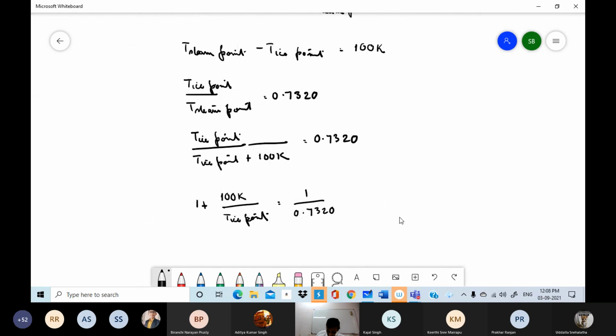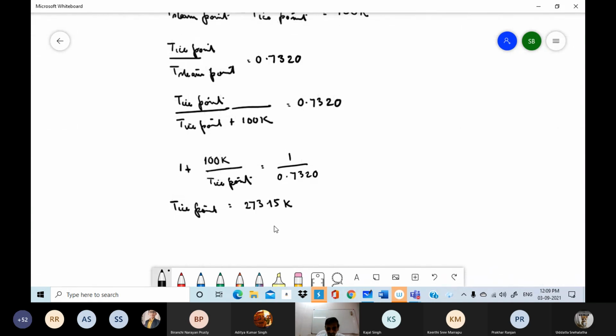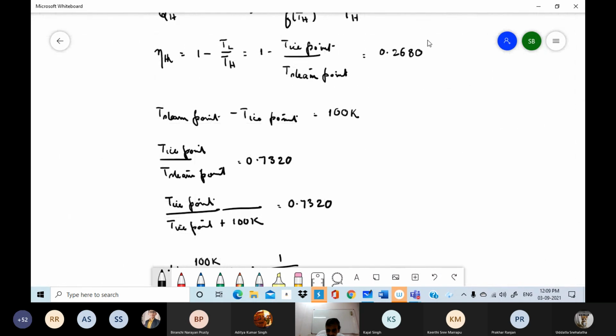So from this, the final result which the book says is, but if you use this value and calculate, you'll get 273.13, which means not that this value is wrong, but that this value given in the book is not accurate.